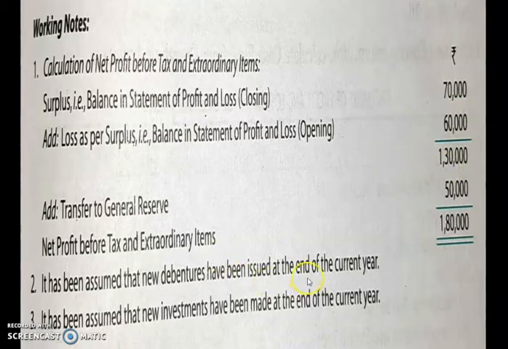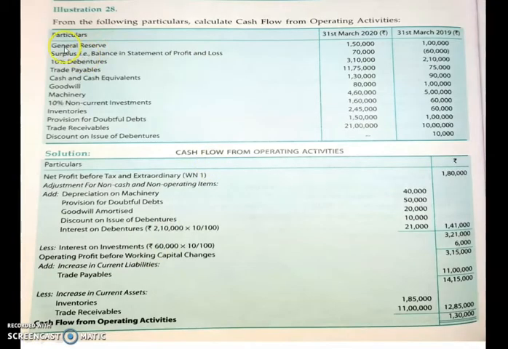Now there are certain items which you have to add as per the format. Which are those items? General reserve, interim dividend, proposed dividend, then provision for tax and extraordinary items. If you look into the question, you can find out that out of those 5 items, only general reserve is given in your question.